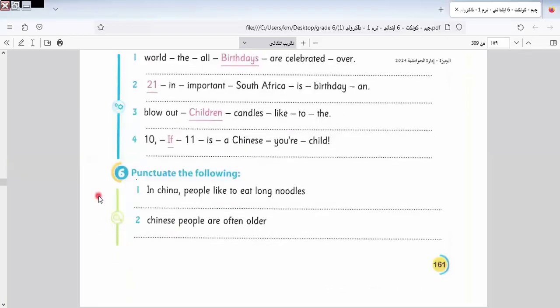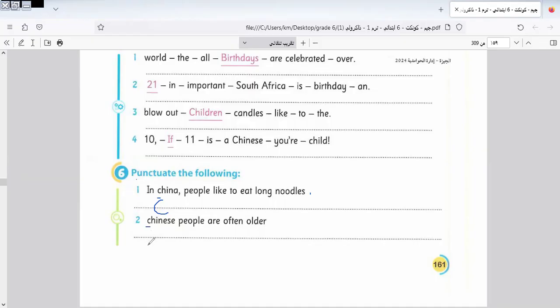Here we have punctuation. Let's do it together. As we told you before, when we do punctuation, what can I do? I underline the wrong letter. Here is China. China is written in what? In capital letter. So: in China, people like to eat long noodles, and I put a full stop at the end of the sentence. Here is Chinese. Chinese must be started with a capital letter.